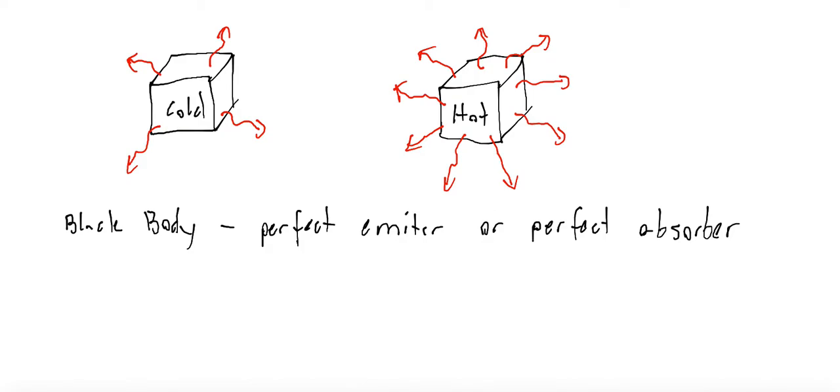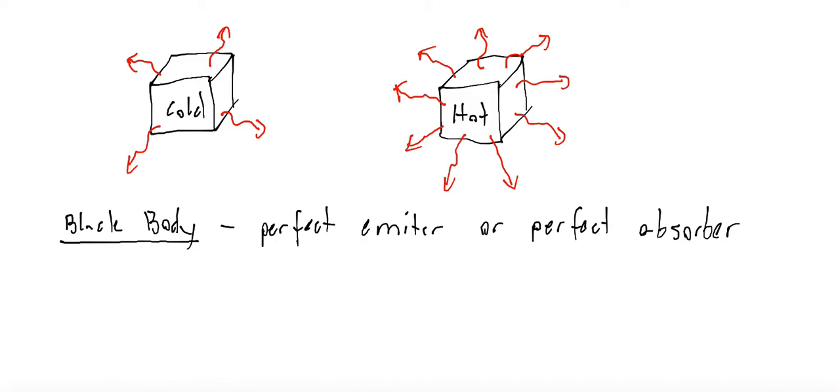It means that if you illuminate a black body by a light, then the black body will absorb all of the radiation. It will not reflect the radiation. What is very important, if a black body has a very high temperature, it is not black, it is bright. Is it clear? So a black body at high temperature emits all radiation, or emits energy in the form of radiation. So if the question is what is a black body, your answer is it's a perfect emitter or perfect absorber.